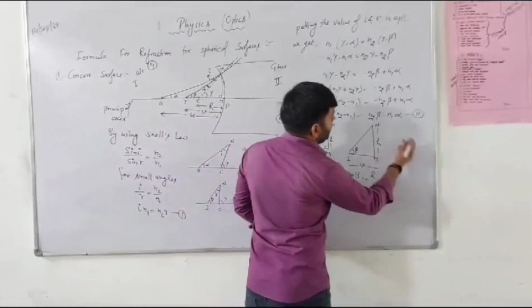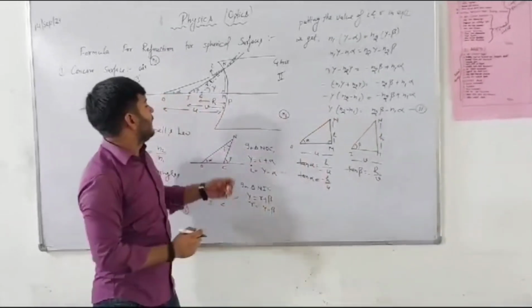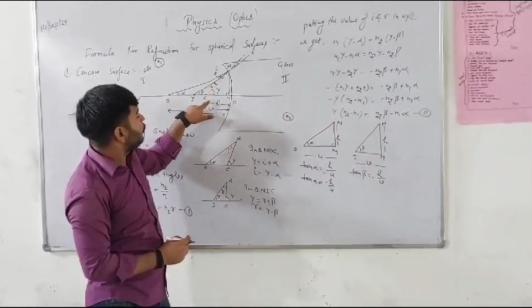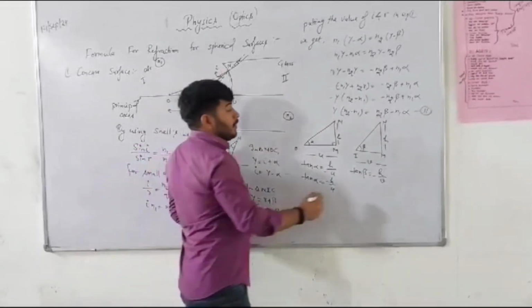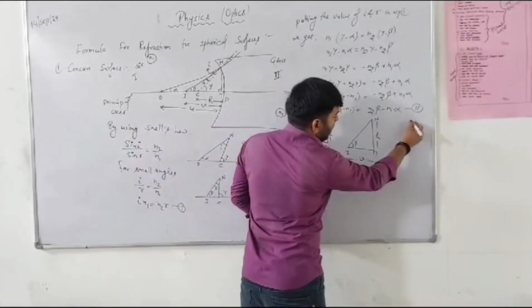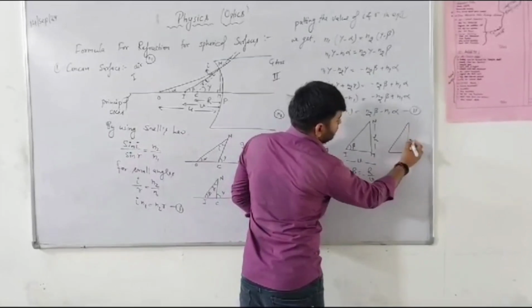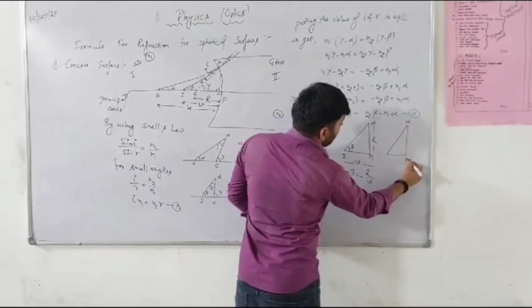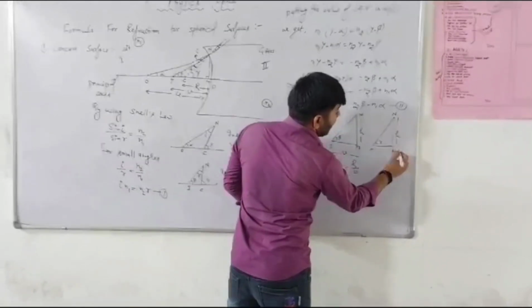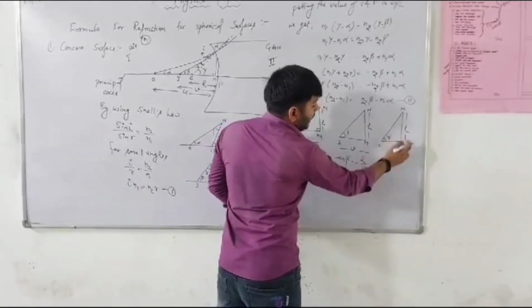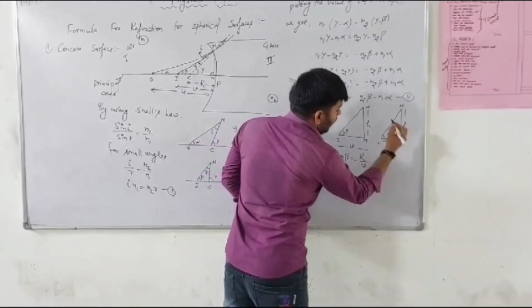Similarly, we will find the value of gamma. If we want to find the value of gamma, we have to take the triangle NMC. So we draw it, and the triangle will be NMC. Here is the angle, sorry, gamma, the height is h, and this distance will be r.